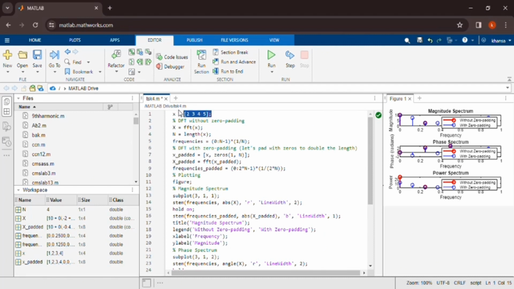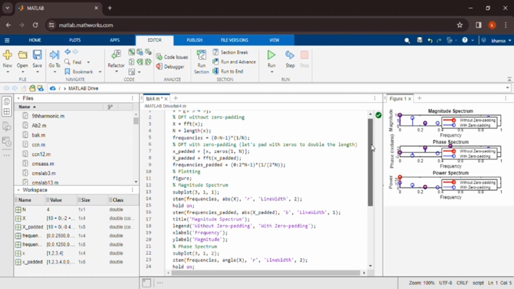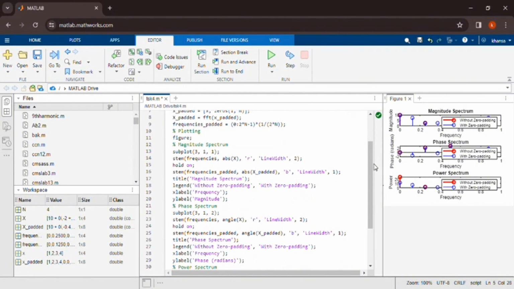This is the signal that I have taken, and after that I have done the Fourier transform. For that I have used the FFT command, that is the basic command which is used to do the Fourier transform. And then I have to hold the length of the signal and the range of the signal, and then we have to plot the magnitude spectrum, phase spectrum, and power spectrum.